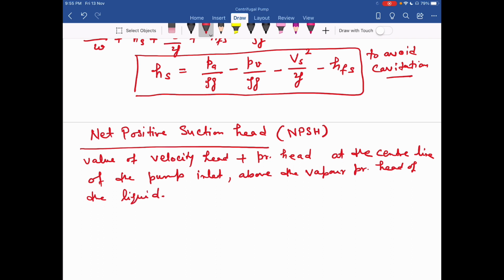Okay, so NPSH is the value of velocity head plus pressure head above the vapor pressure head of the liquid.